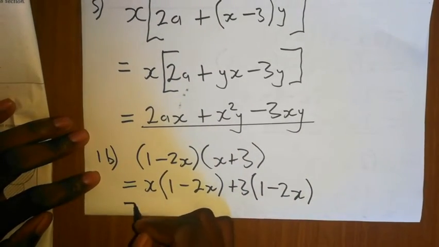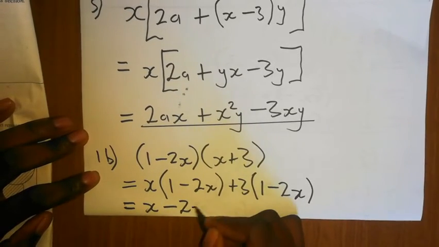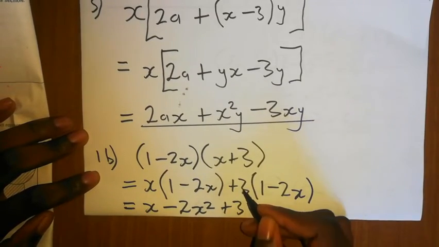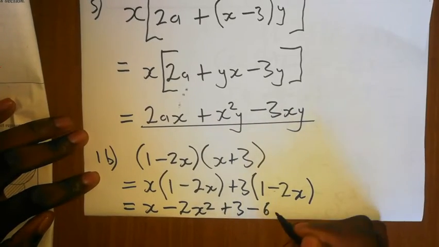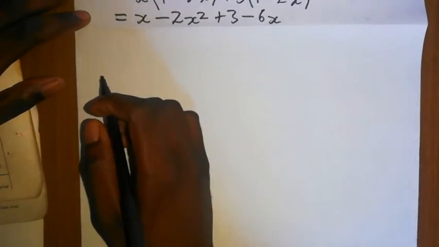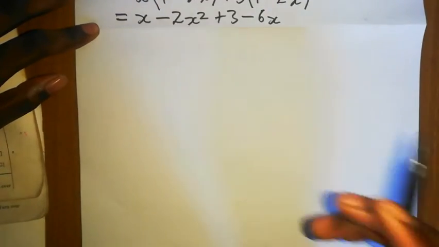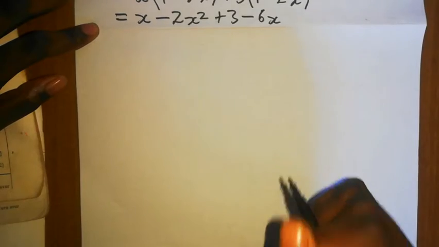Now as I continue, it's going to be equal to x times 1, x, minus 2x squared, plus 3 times 1, 3, then 3 times negative 2x, I'm going to have negative 6x. Then from this stage, I'm going to collect my like terms. But what you have to understand, guys, with expansion, there are only two formats of writing your final answer. Your final answer is written either in ascending powers of x or in descending powers of x.